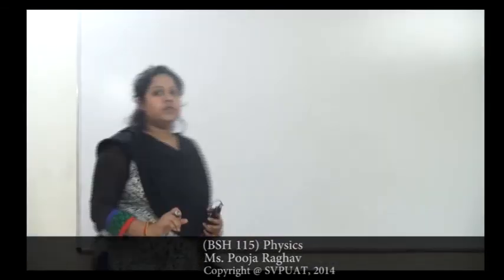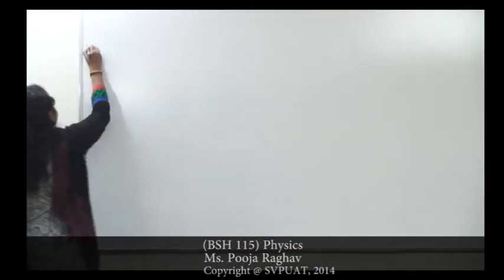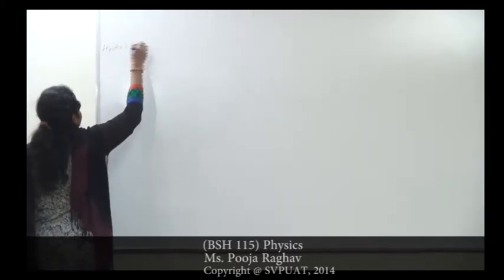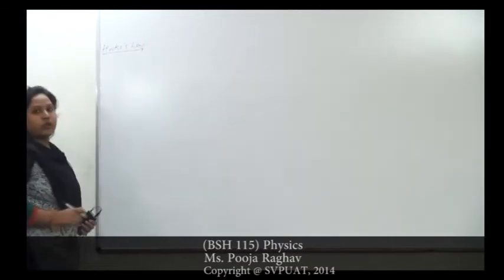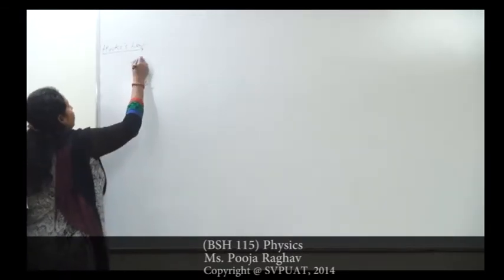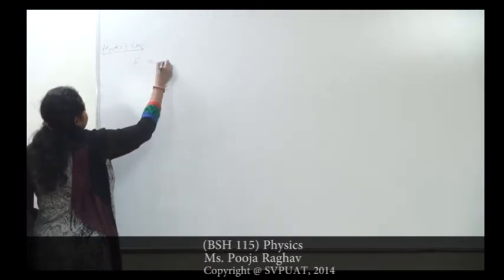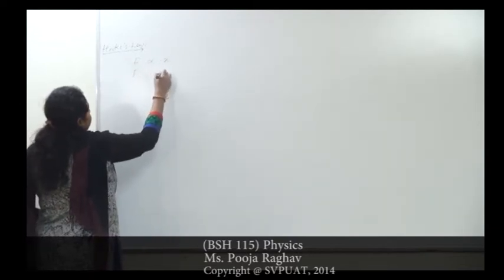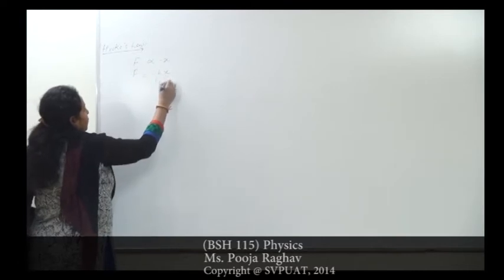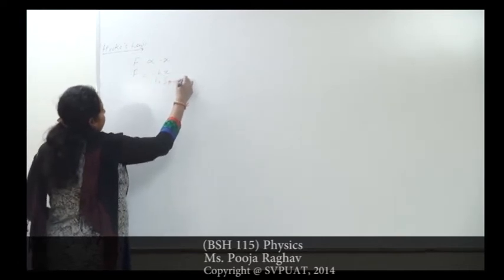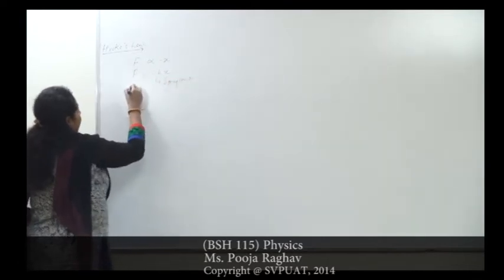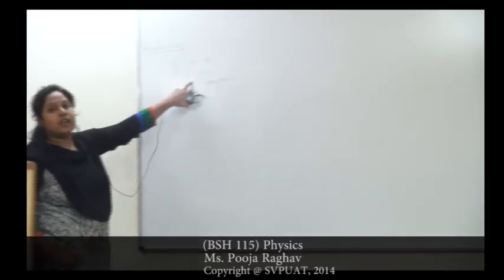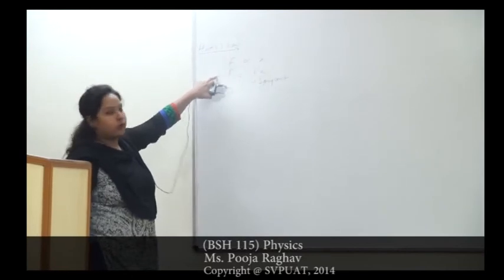The next topic is Hooke's law. According to Hooke's law, the force is directly proportional to the stretch, where k is the spring constant and F is force. Greater the stretch, greater will be the force.